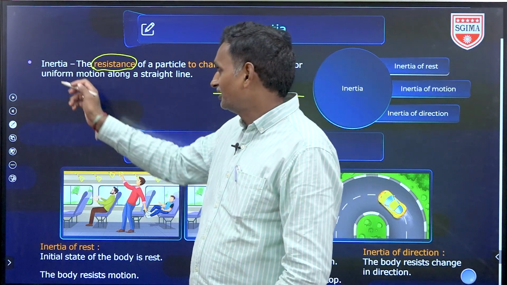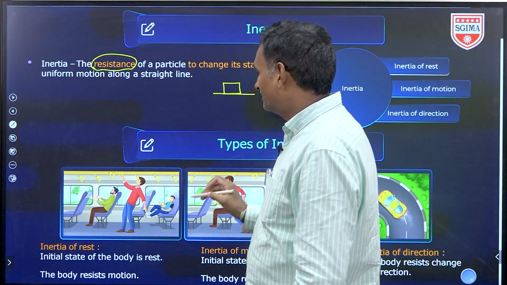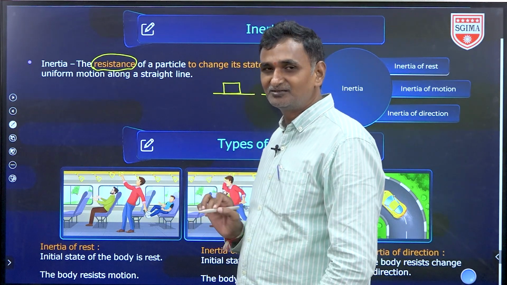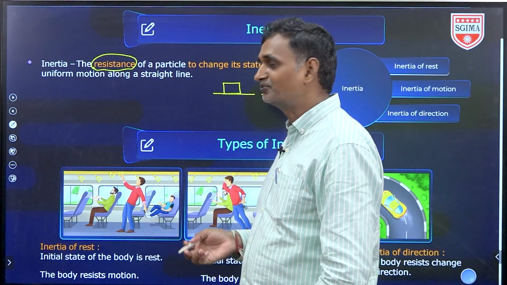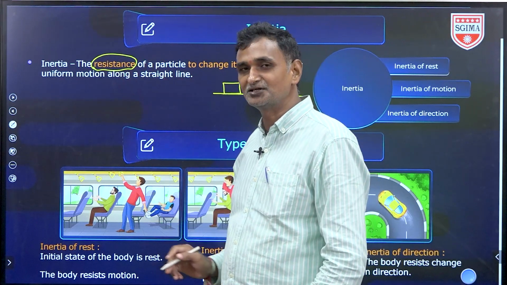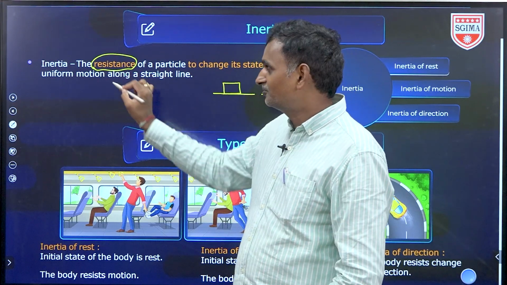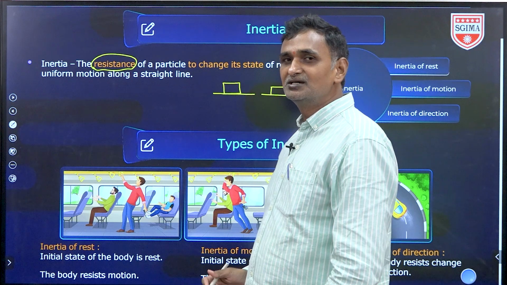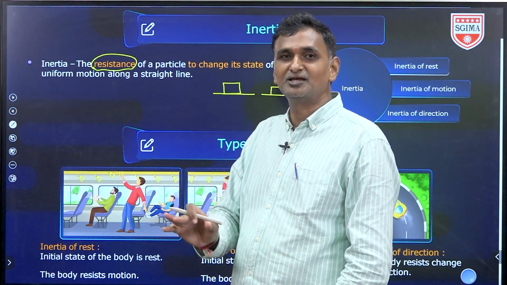Inertia means the resistance of a particle to change its state of rest or uniform motion. We just give the statement as resistance only. If the object is at rest, it will continue in the same state of rest.